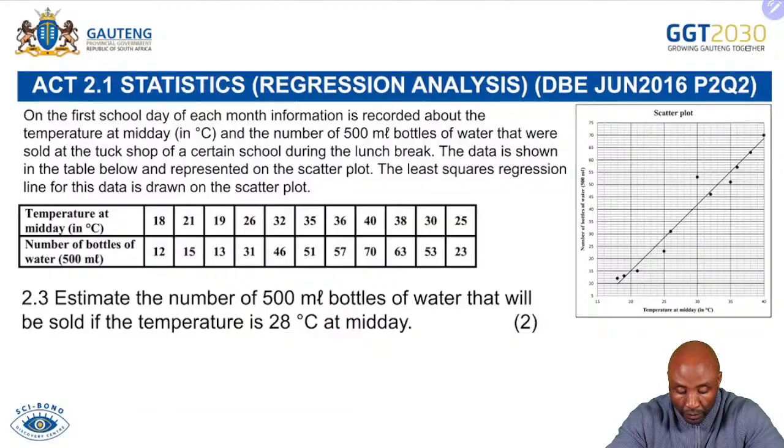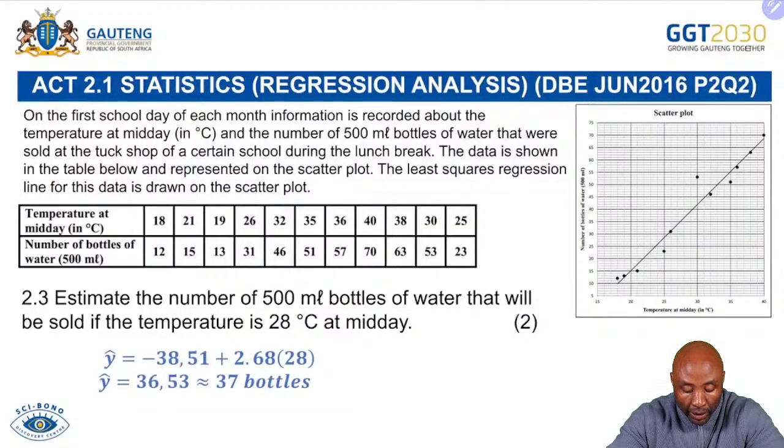Now, we are going to use our least squares regression equation, and we got y equal to negative 38,51 plus 2,68x. We substitute the temperature of 28 degrees and we should get our number of water bottles as 36,53.